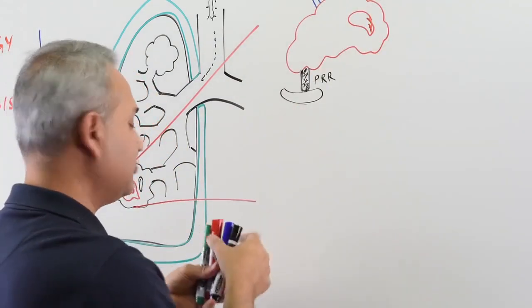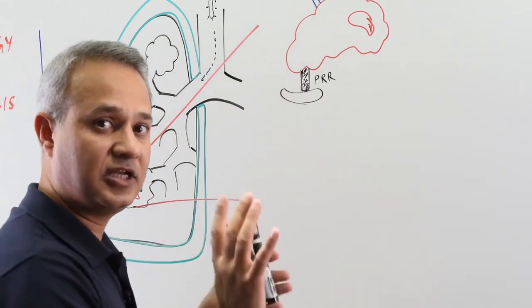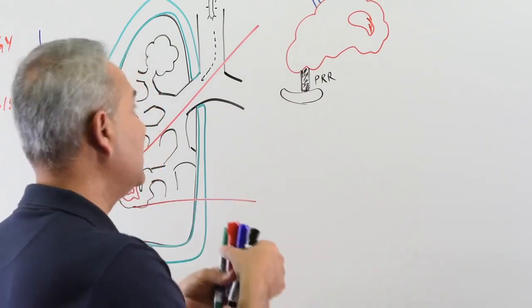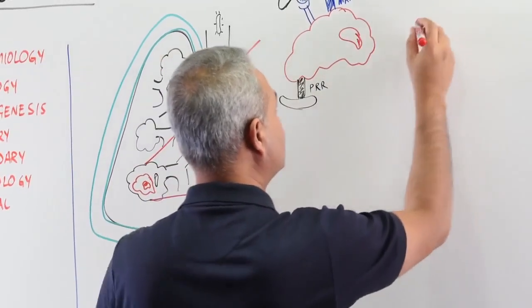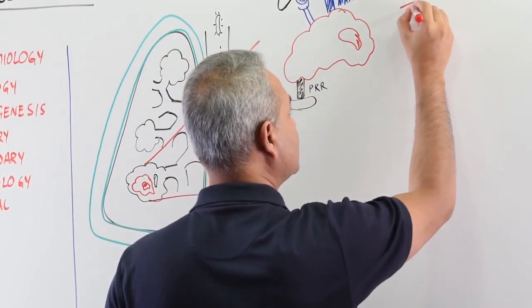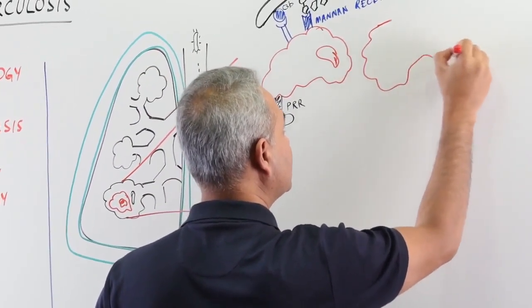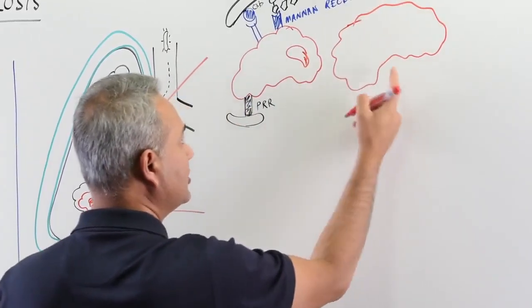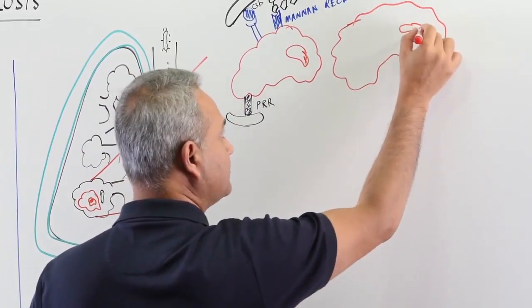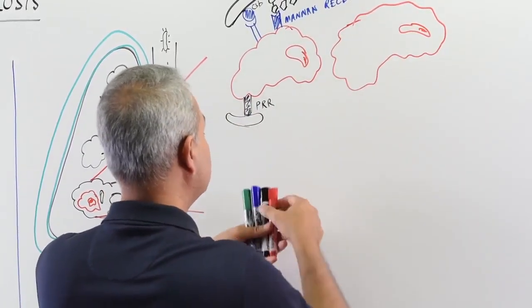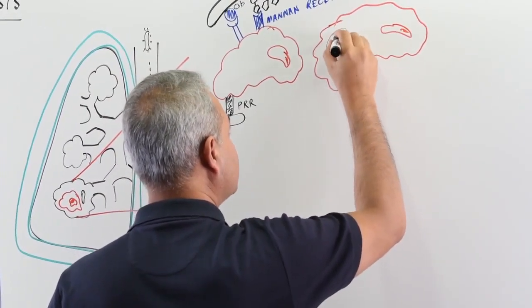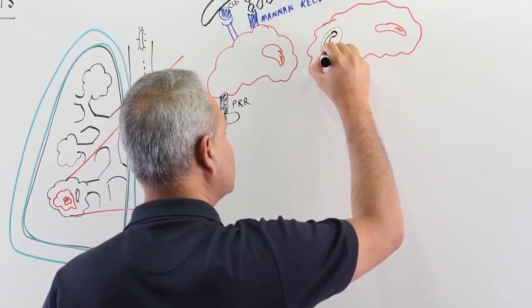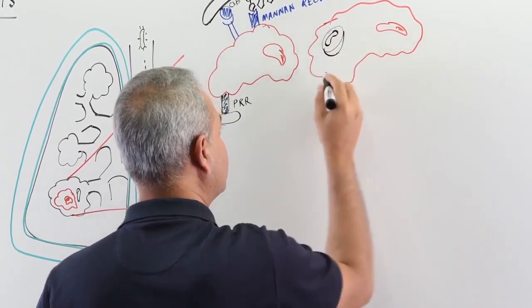What is the next step? This is normal inflammation, so nothing special here, no rocket science is going on. The next step is that the macrophage is going to phagocytose this pathogen. So let's say this is the same macrophage. The pathogen has become trapped in this phagosome.